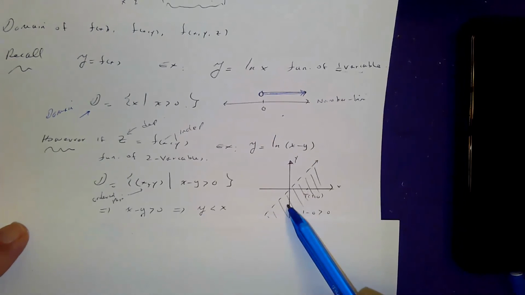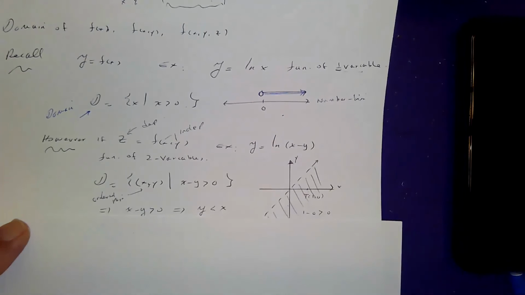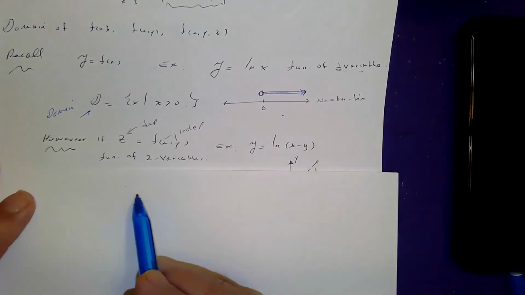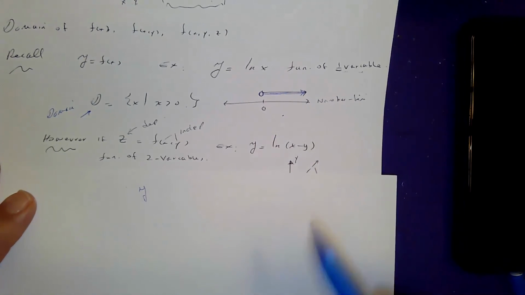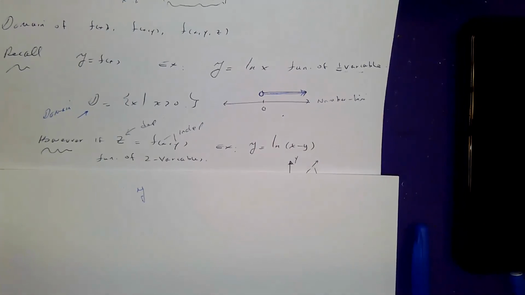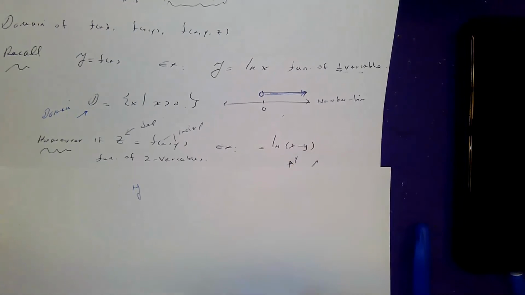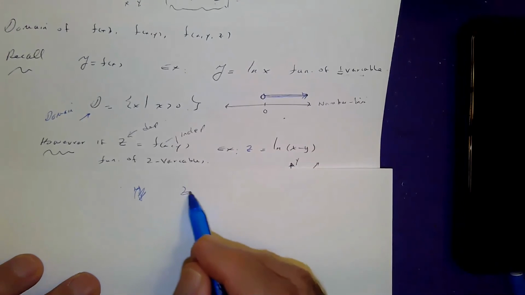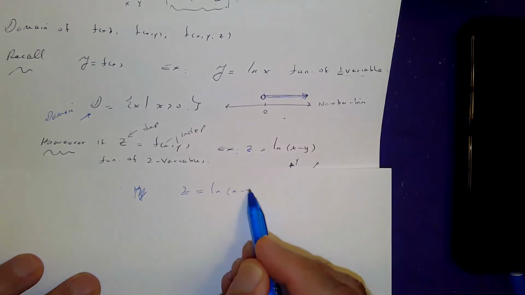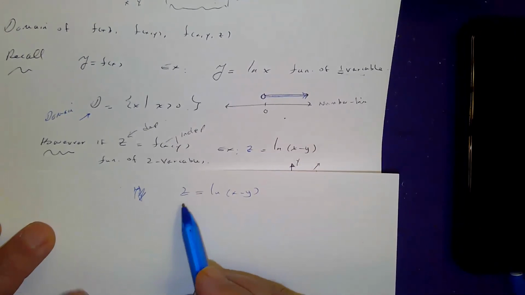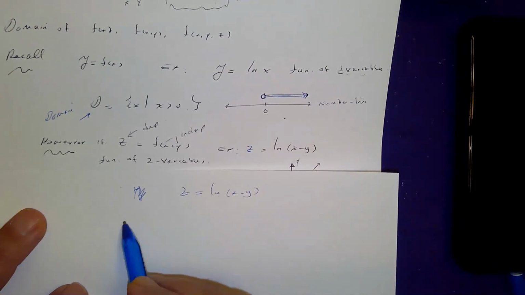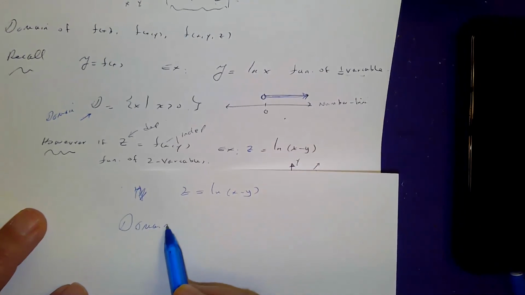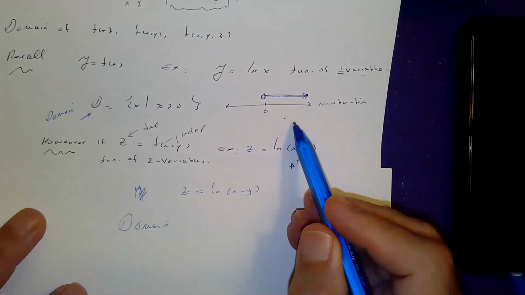You are on the x y plane now. For instance, what would be the domain of, say, this should be z for some reason. I don't know how y got in there. That should be z, correct? The question is, if z is equal to natural log of x minus 1, could you please find the domain? So you are no longer on the number line, are you?